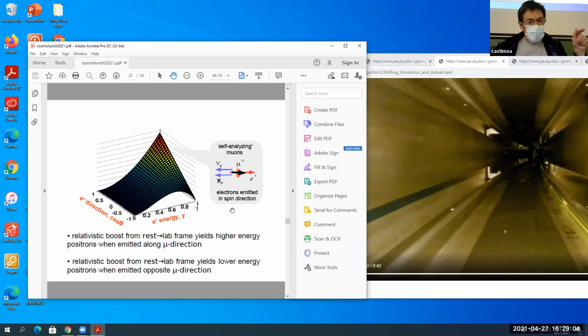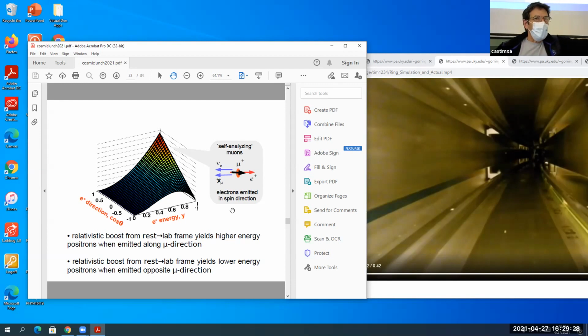The electrons, when it's a positive muon they're actually positrons, tend to be emitted in the direction of the muon spin. So the muon acts kind of like a flashlight. Imagine the spin as the body of the flashlight, the spin vector, and the electrons are going to come out the light end of the flashlight.